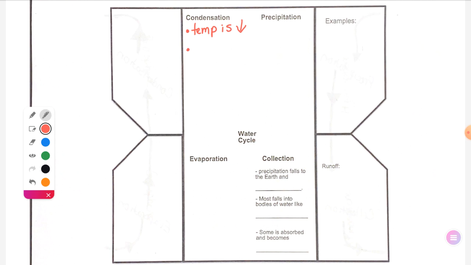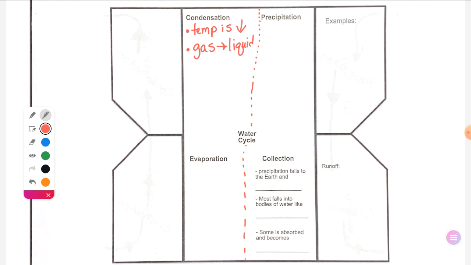So it's gas turning to a liquid. Try and write small, because here's the precipitation line, so imagine a line right down the center. I'm a little off center on mine. But that's kind of where, because these flaps will fold in. One more thing. So it's a gas to a liquid.